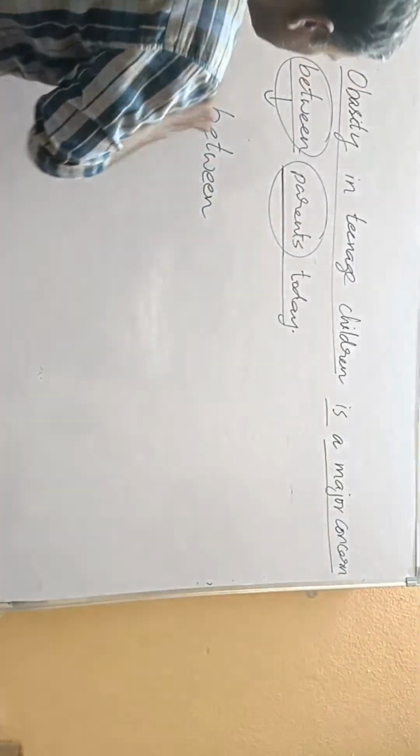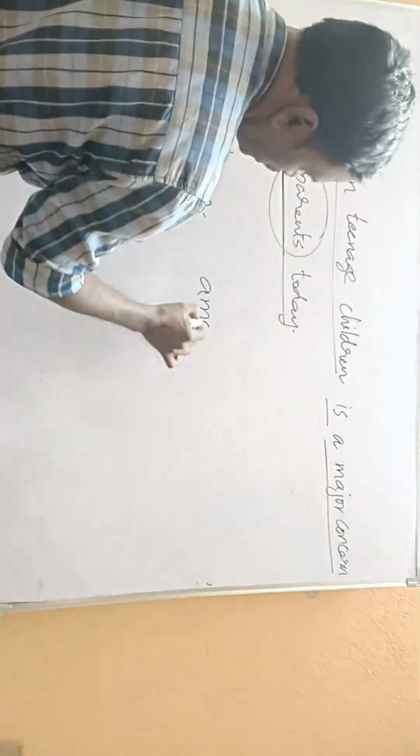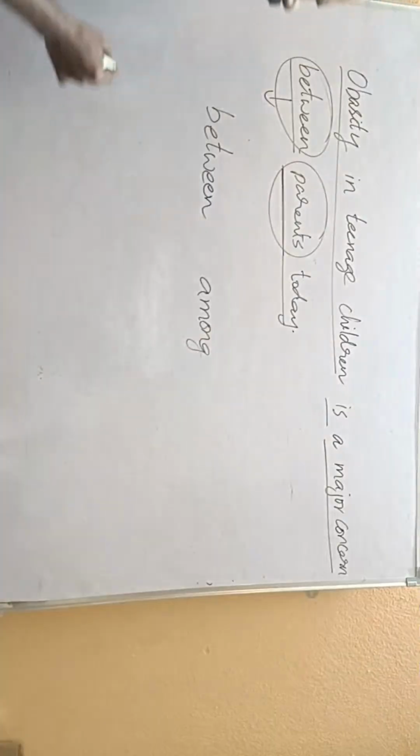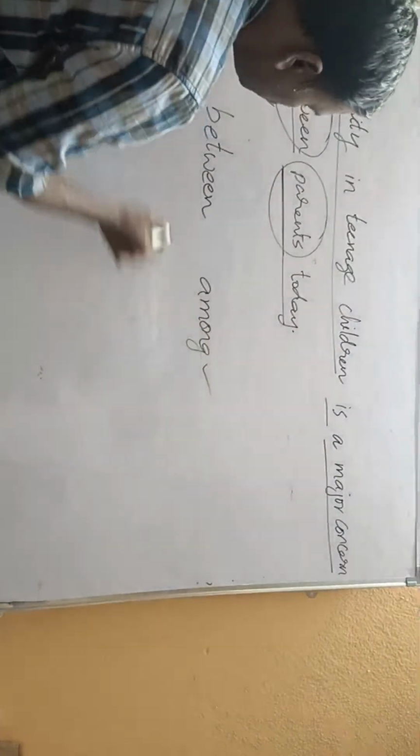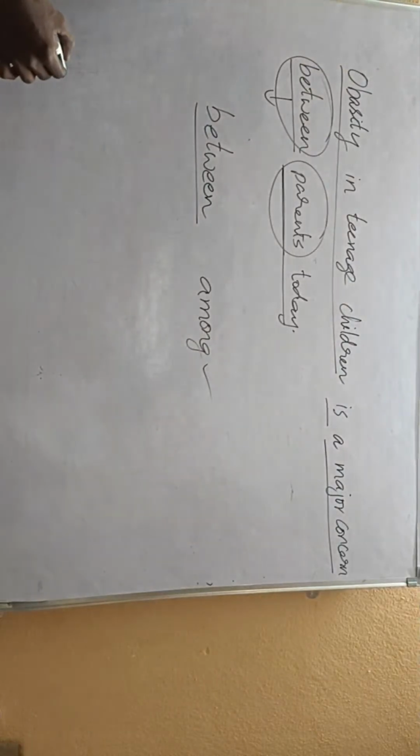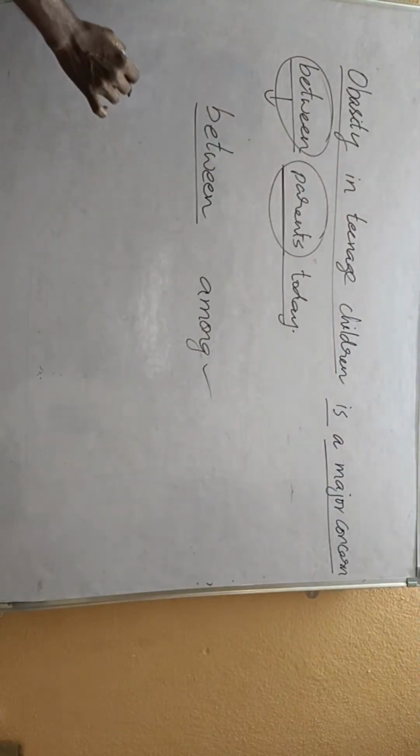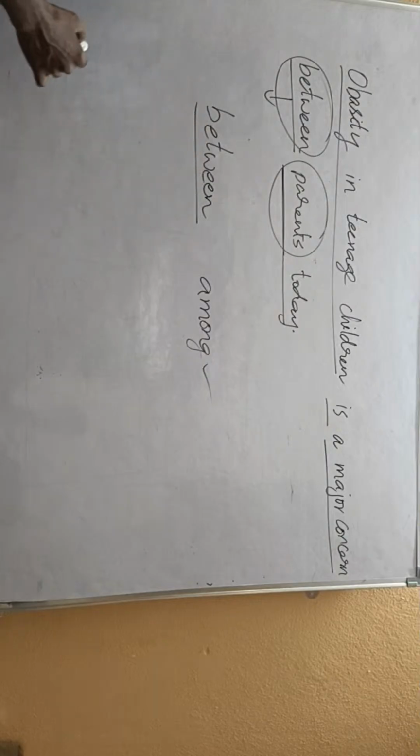The correction is among. For plural forms, we have to use among. If only two are mentioned, then we can use between.